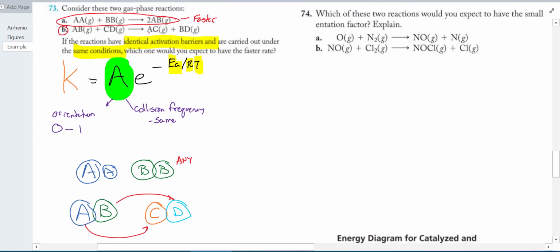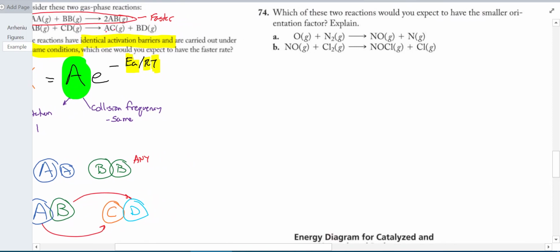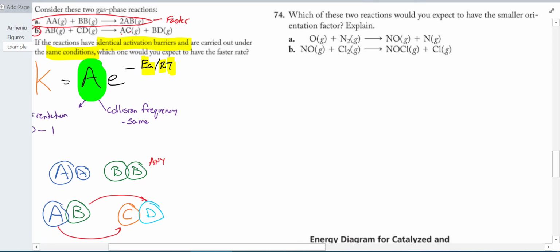In 74, which would you expect to have the smaller orientation factor? The smaller orientation factor would be more strict. So which one's more strict? Well, we got O and N2. So O and N. No matter what happens, O hits NN, versus NO hitting Cl2.